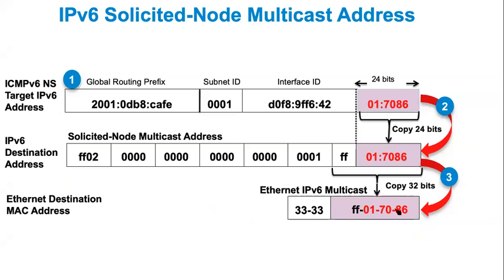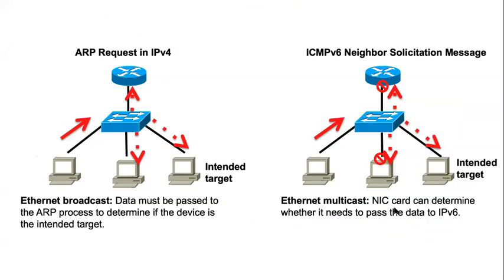All right, so what's the advantage of a multicast? In an Ethernet broadcast, all the NICs have to accept the entire Ethernet frame and send it up to an upper layer process, like an ARP process, to determine if this message is for them or not.